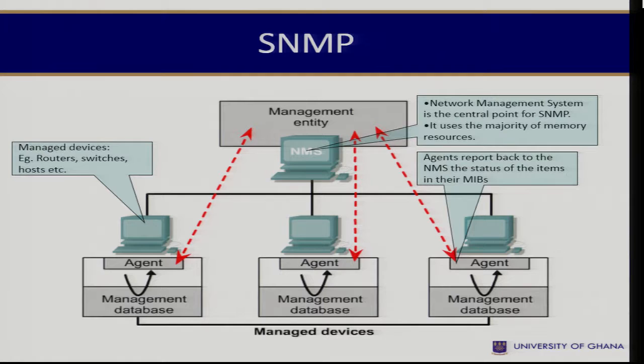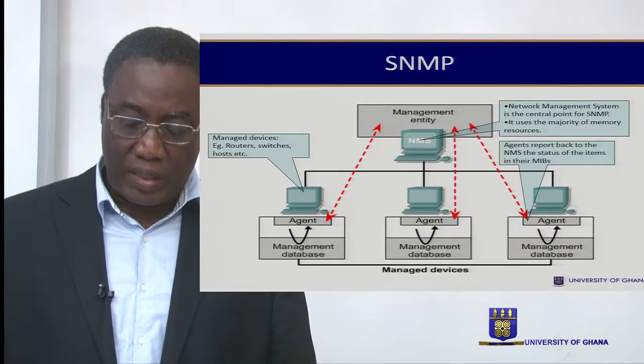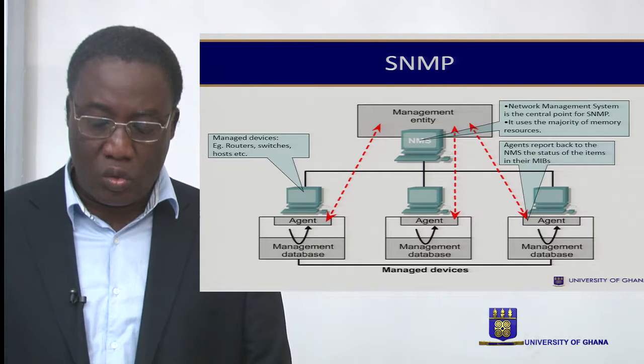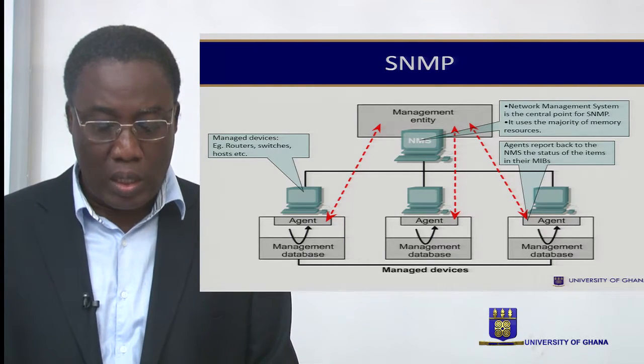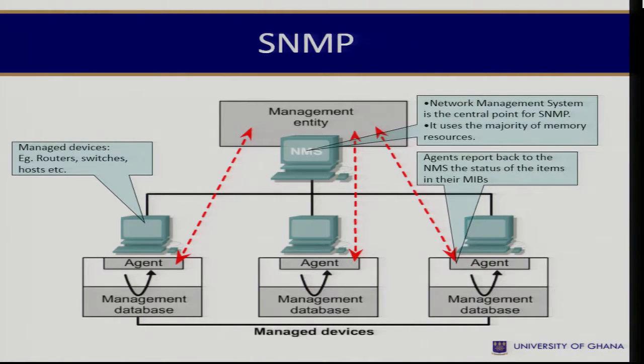Managed devices collect and store management information and make this information available to NMSs using the SNMP. Managed devices, sometimes called network elements, can be routers, access servers, switches, bridges, hubs, computers, hosts, or printers.